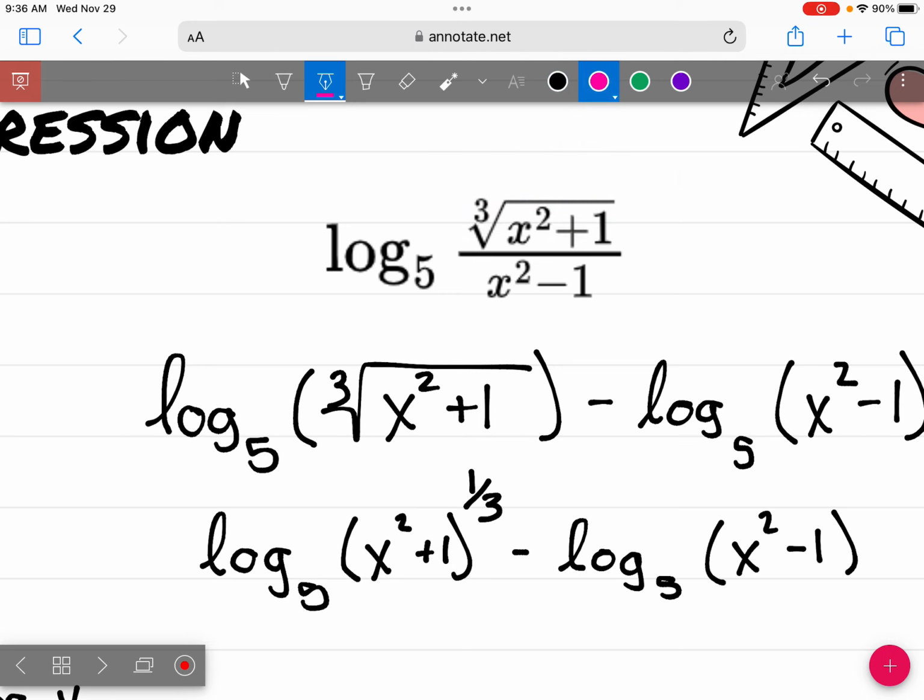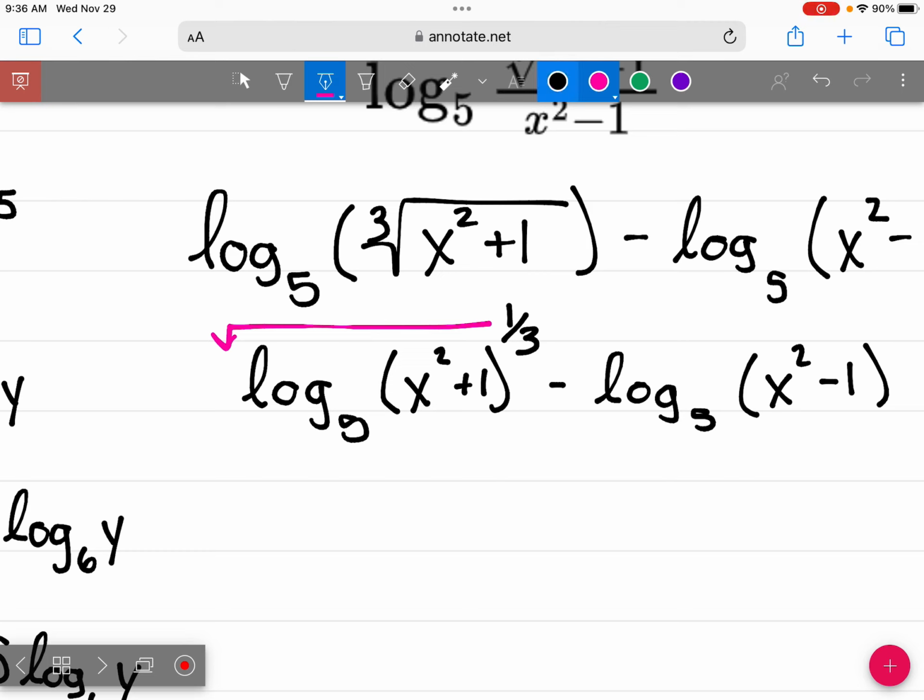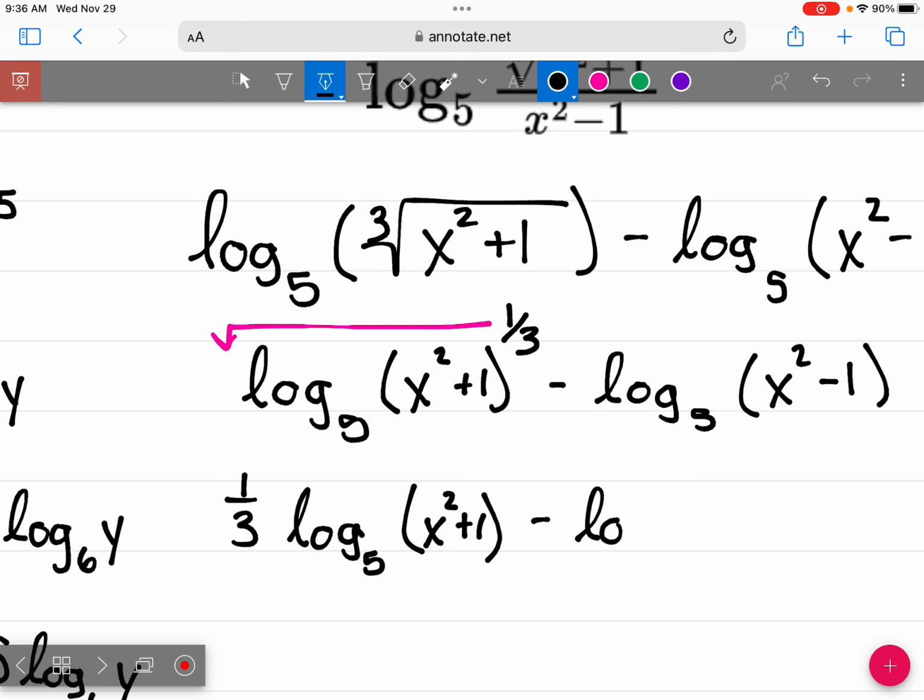Well, now I can use my power property and get this guy down here. 1/3 log base 5 of x squared plus 1 minus log base 5 of x squared minus 1.